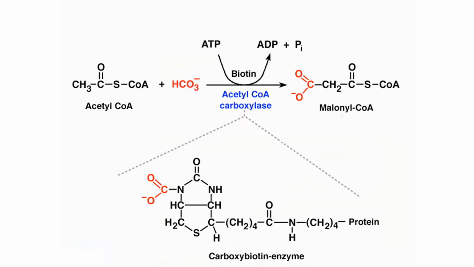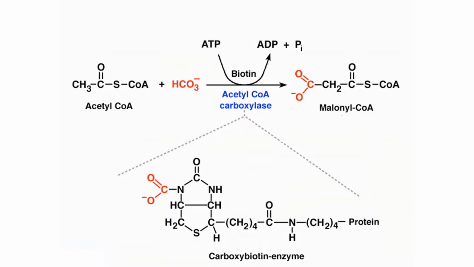Acetyl-CoA carboxylase is the enzyme that catalyzes the carboxylation of acetyl-CoA. For this process to occur, we need some bicarbonate, we need some ATP, and we need also biotin. So this is a biotin-dependent reaction. And what happens is we get an intermediate, this carboxybiotin enzyme.